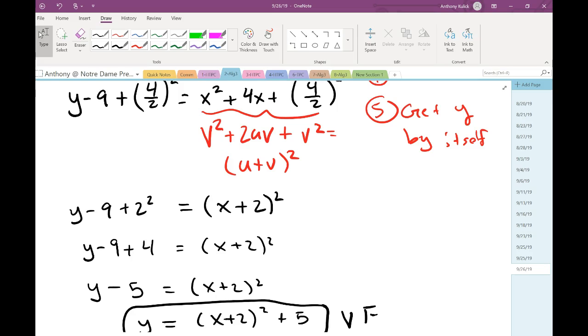You'll need some time to practice on your own. Depending on how much time is left, we might do some more factoring practice to finish the day out. Okay?